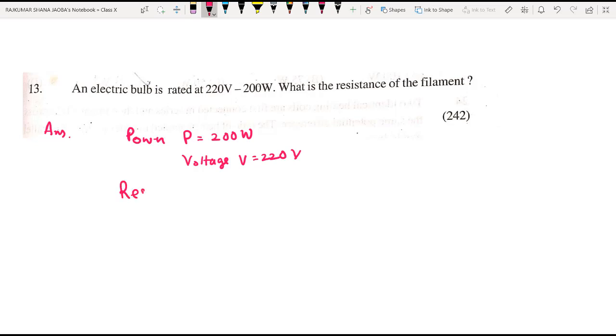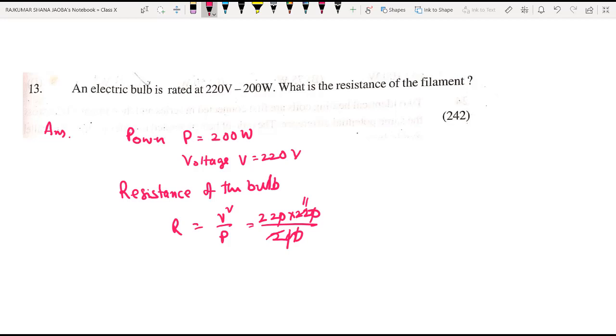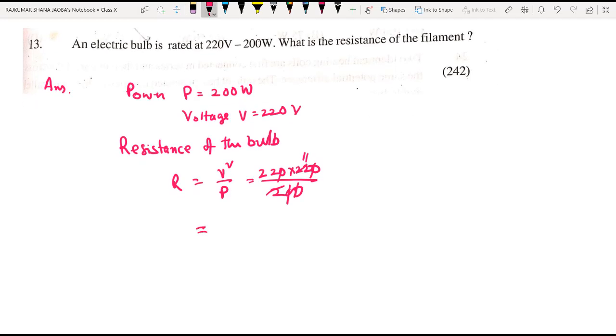So resistance of the bulb R equal to V square by P. So V squared is 220 into 220 divided by 200. 0 cancel to 11, 11 into 22, that is 242 ohms.